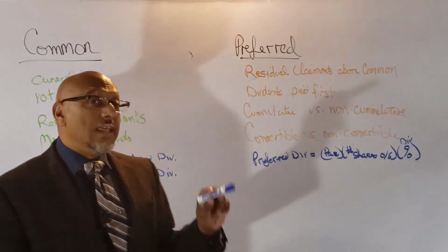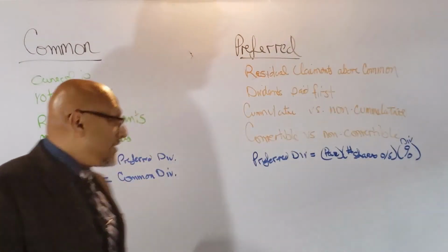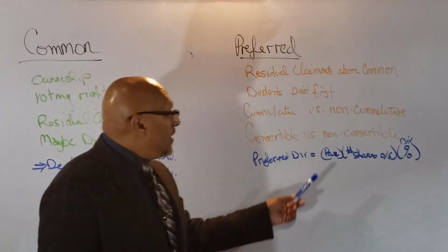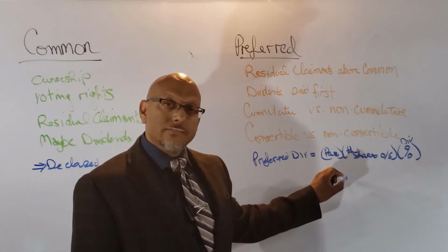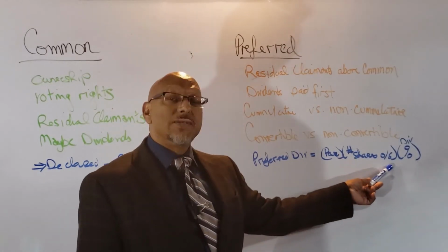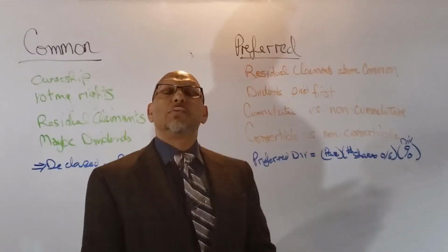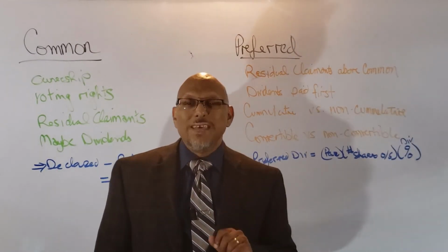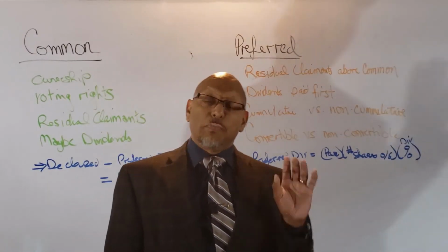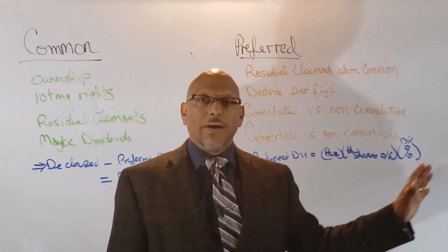Now, to calculate the preferred stock dividend, it's the par value times the number of shares outstanding of preferred stock, which is always going to be the issued, times the dividend percentage. If it's a flat dollar amount per share, then it's multiplied by that dollar amount.